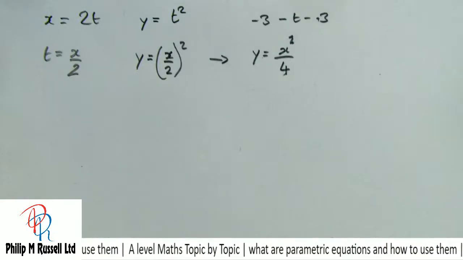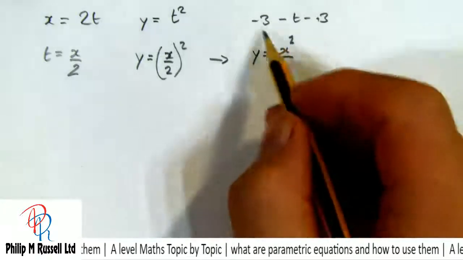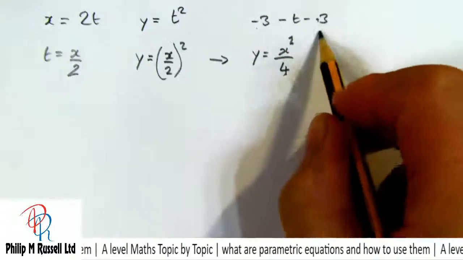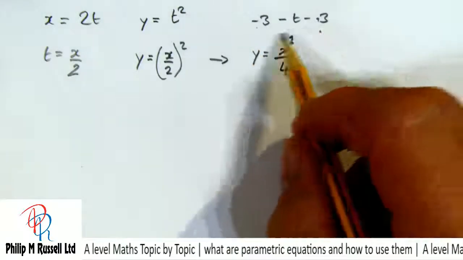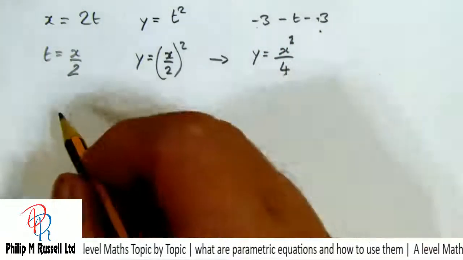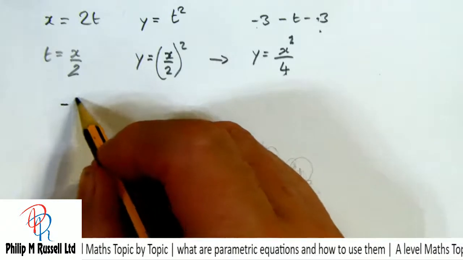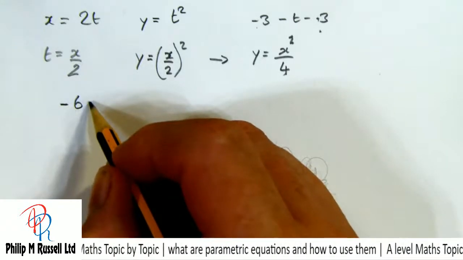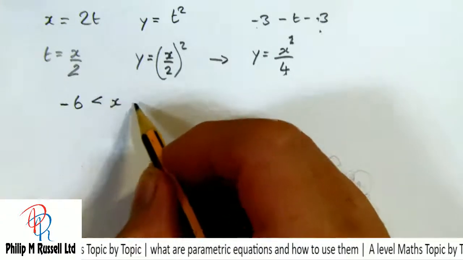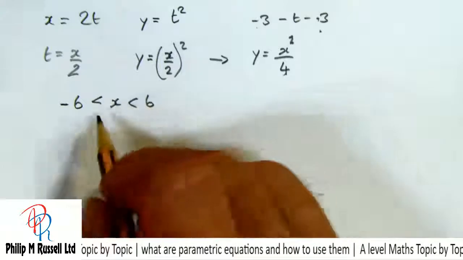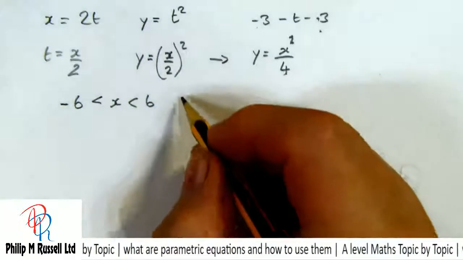So the range of x equals 2t over this domain of -3 to +3 is going to be twice those numbers. So it's going to be from -6 to +6. So we've got our domain.